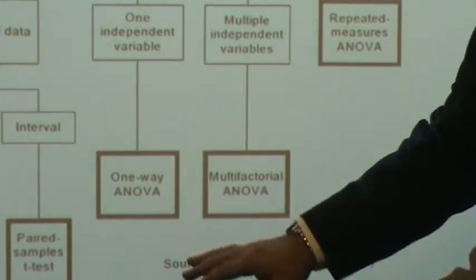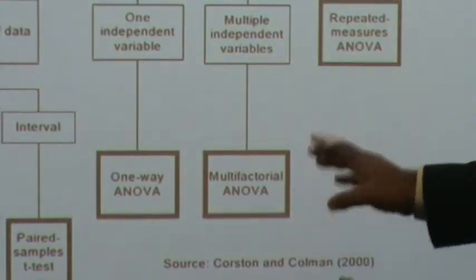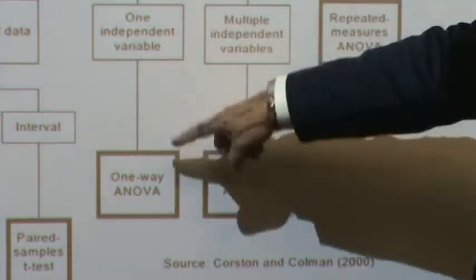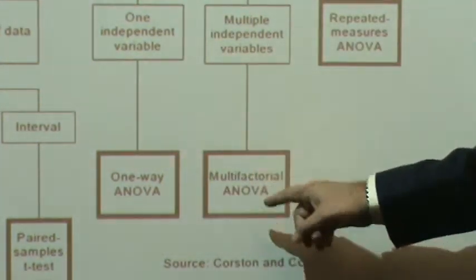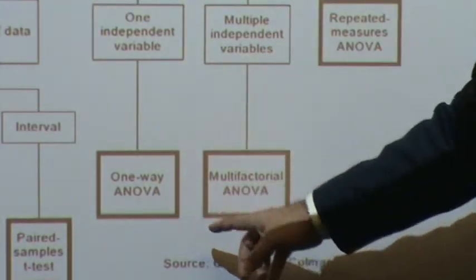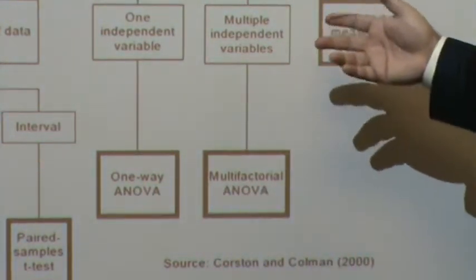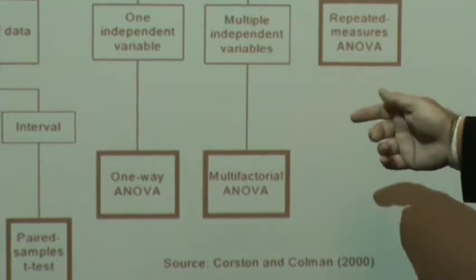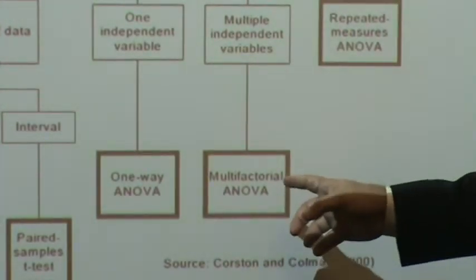And I'm definitely going to be talking more about ANOVA later on, but just so you know, this is how you would choose one of these tests. Let's say that you had 2 independent variables. That would be called a two-way ANOVA.